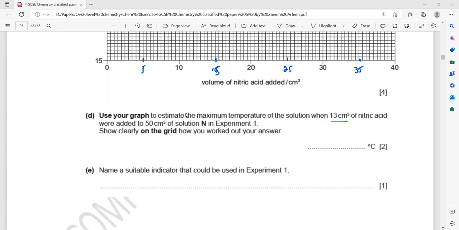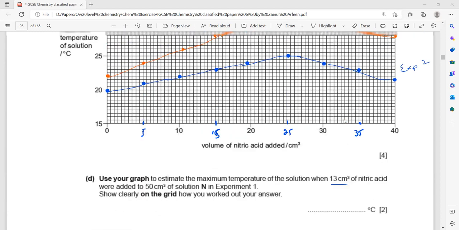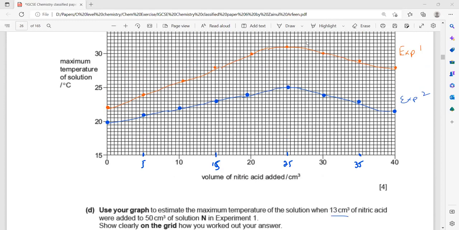So you have to estimate the maximum temperature of a solution when 13 cm cube of nitric acid was added to solution N. Solution N is the first one, 13 cm cube of nitric acid. So you will mark a point, like this is 11, 12 and 13. And you have to show clearly on the graph. So you have to draw these lines. Draw a line and work out the temperature.